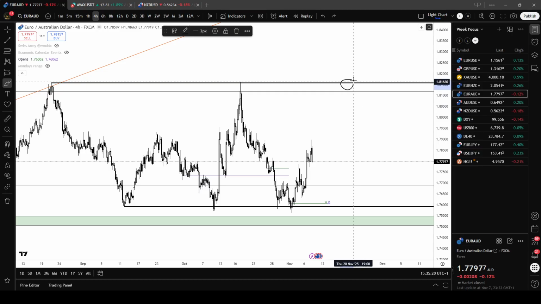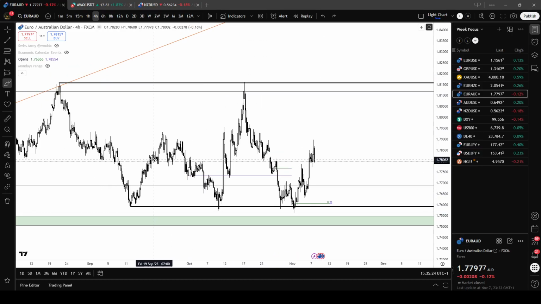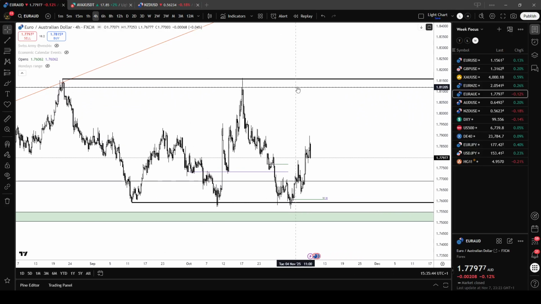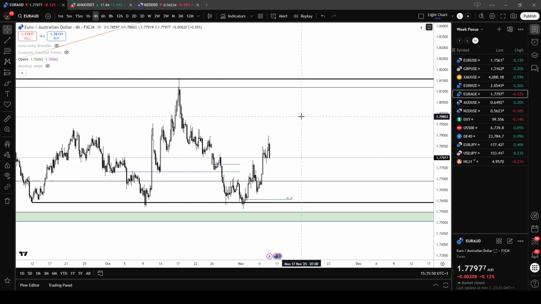I will be stepping up to short here because Euro AUD and Euro New Zealand are pairs that tend to move extremely well when you trade them at swing highs or swing lows, and they tend to take the previous high and the previous low all the time. They always run those highs and those lows. So you could sometimes just get in blindly with a limit. But we'll revisit this.